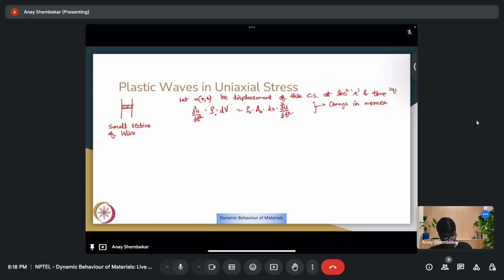What we have here is the tensile stresses acting on both faces of this thin cross section, sigma and sigma plus d sigma. Therefore, you have (sigma plus d sigma) a naught minus sigma a naught equals rho naught a naught dx dou square u by dou t square.